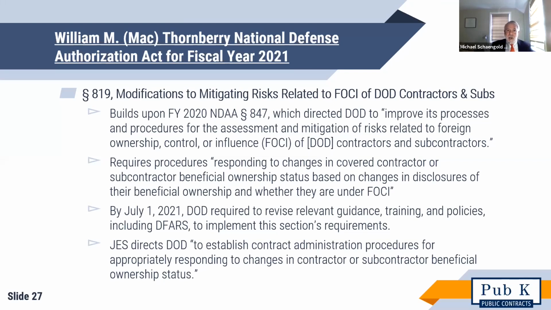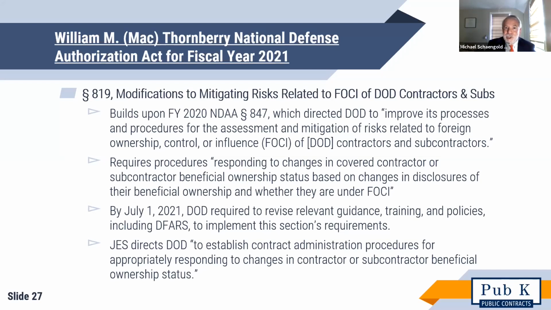Apparently upset at the slow pace of work on Section 847, the joint explanatory statement requires that not later than March 1, 2021, DoD provide to the Congressional Defense Committees a detailed plan and schedule for the implementation of Section 847.